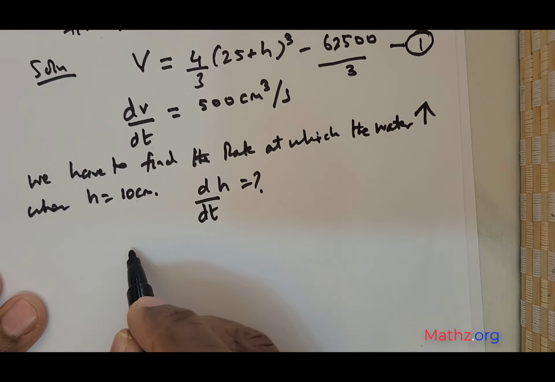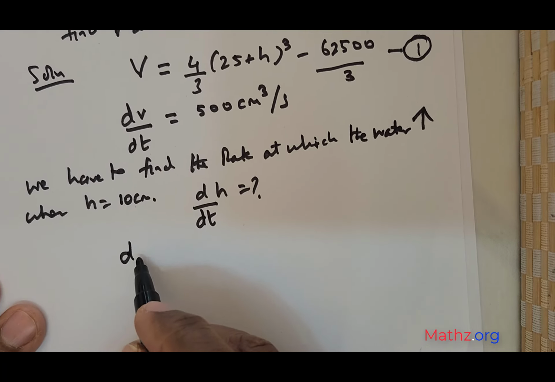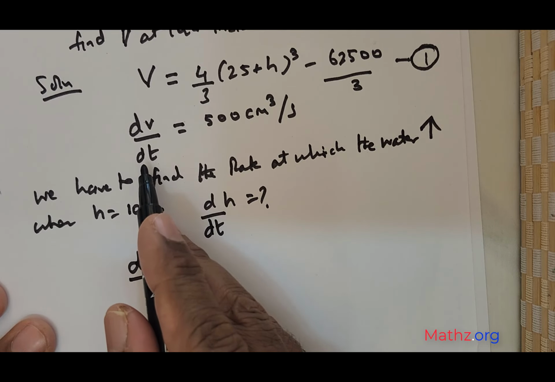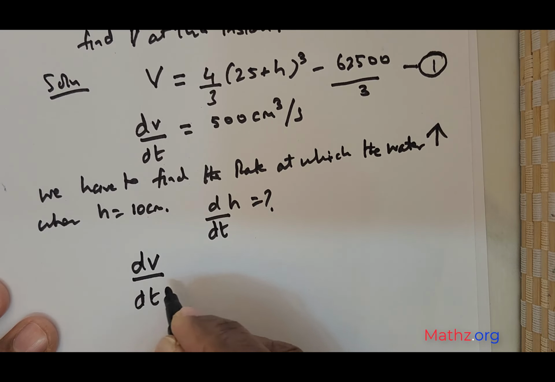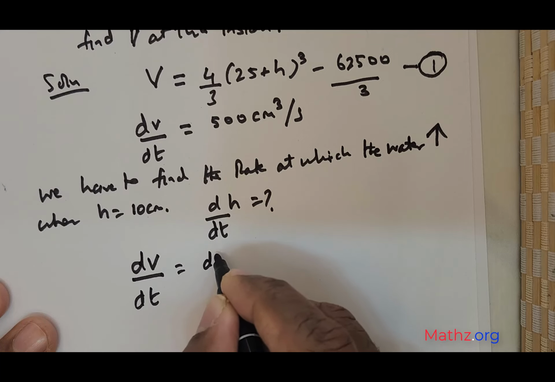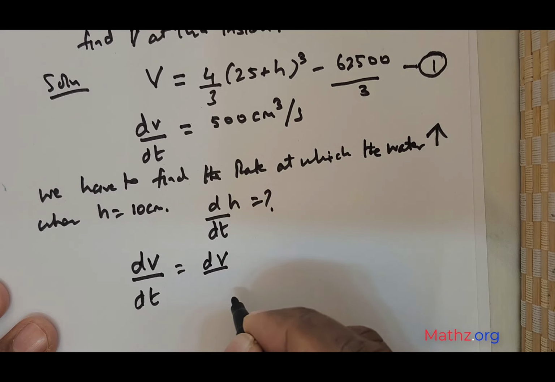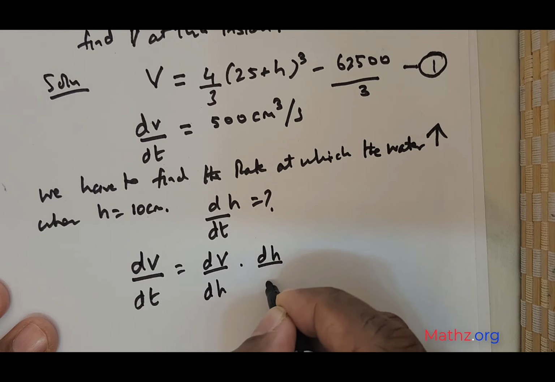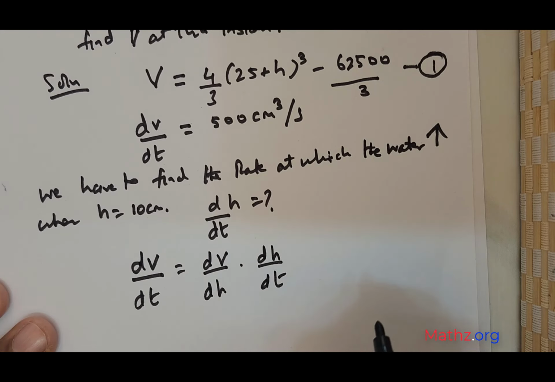So I will rewrite this information in this following manner, because I've got dv over dt, so I would like to utilize this information. So dv over dt is equal to dv over dh multiplied with dh over dt.